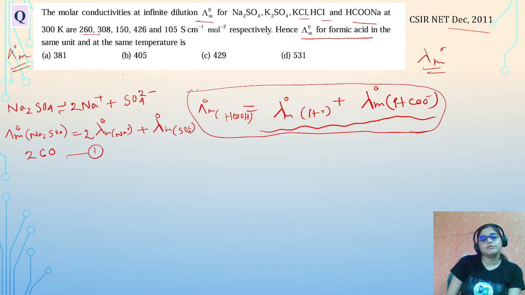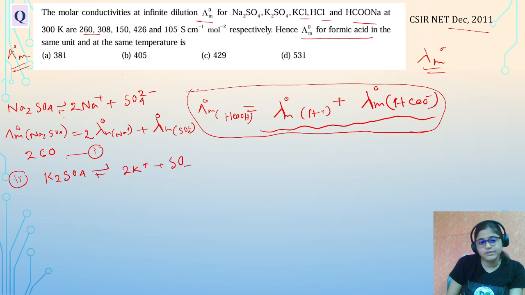Now forget about this one. The second one is K2SO4. In the same way, 2K plus will be there, plus SO4 2 minus. So the delta M0 of K2SO4 will be 2 lambda M0 of K plus lambda M0 of SO4 2 minus.